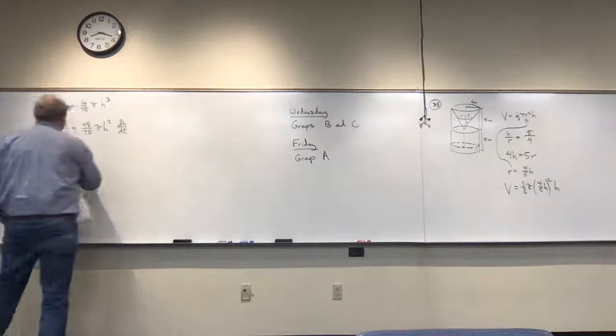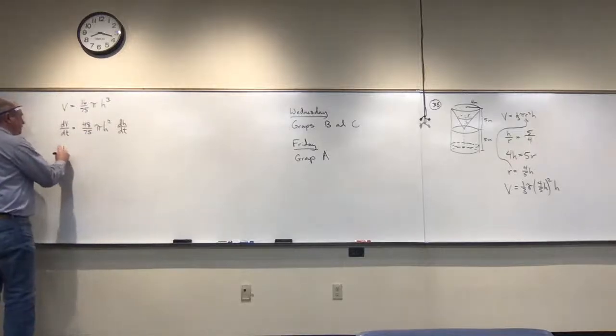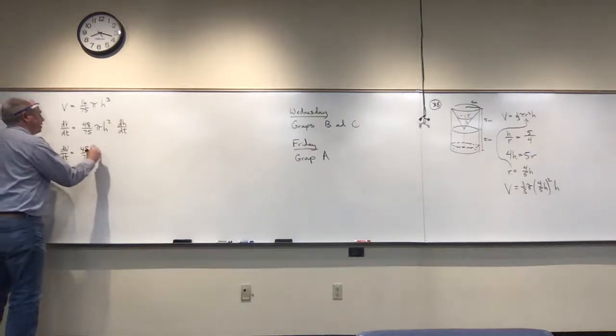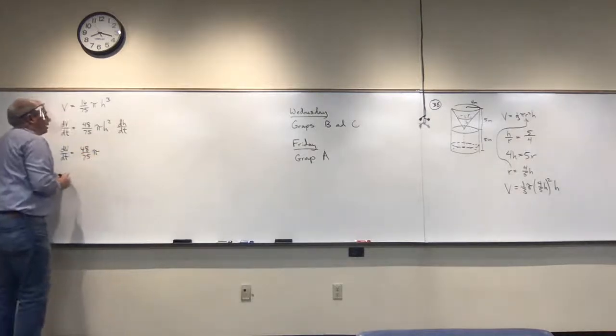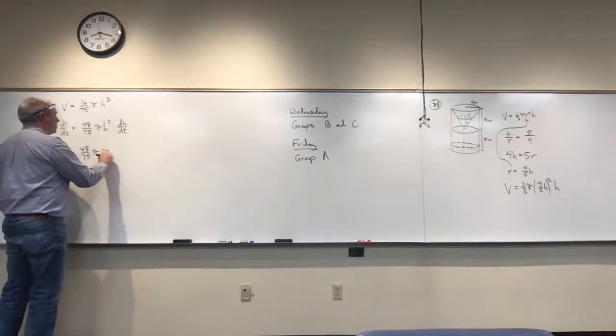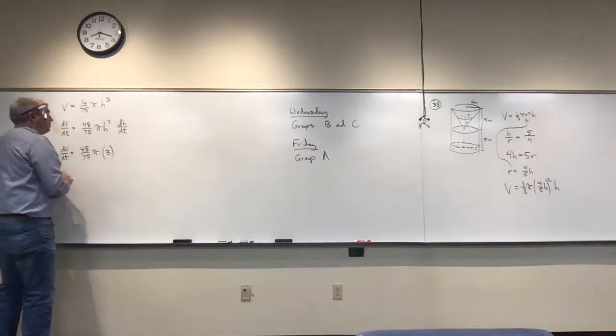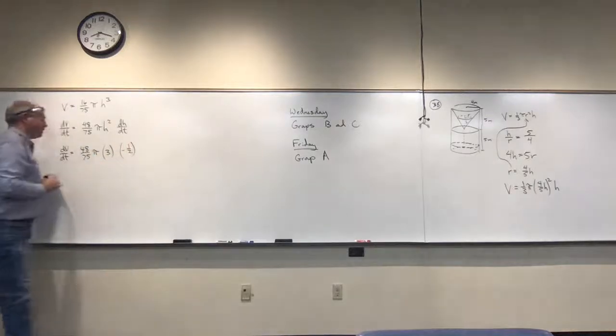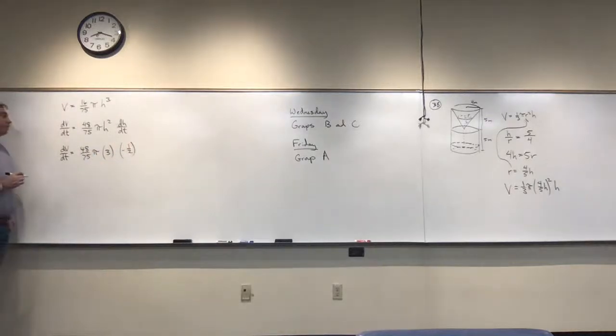And so we get that dV/dt is equal to 48 over 75 times pi times h, which we said was 3, times dh/dt, which we said was negative 1/2. 3 squared. Thank you. 3 squared. Very good.